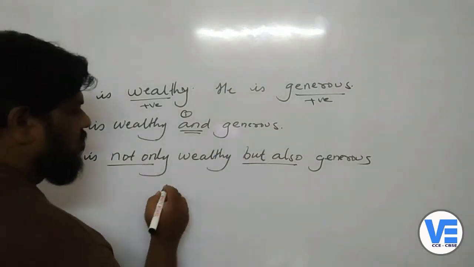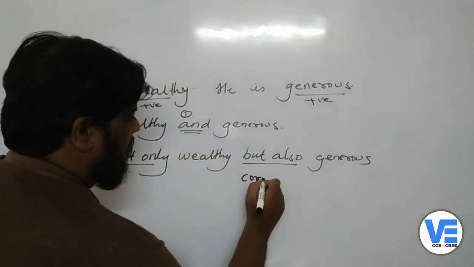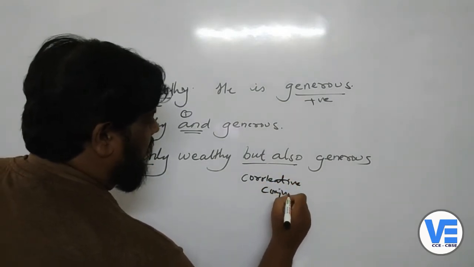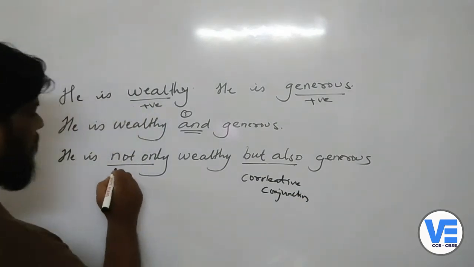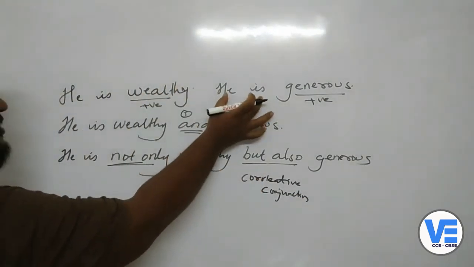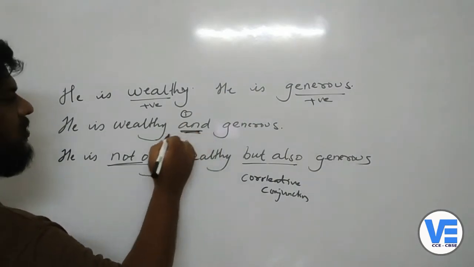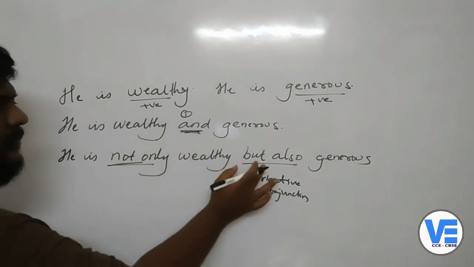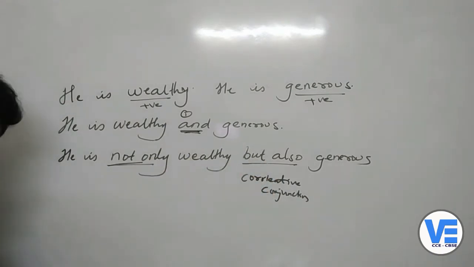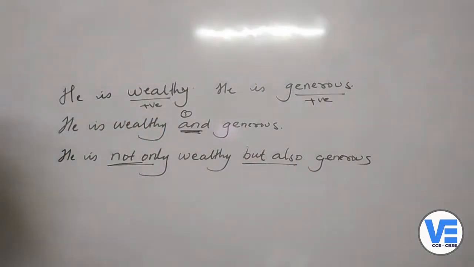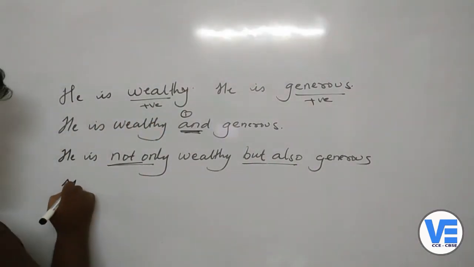This type of conjunction is called a correlative conjunction. Here I have taken the example of he is wealthy, he is generous. What is the conjunction we can use here? And in the same way, you can also use not only but also here.